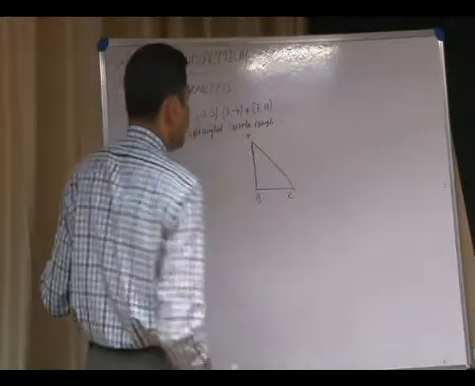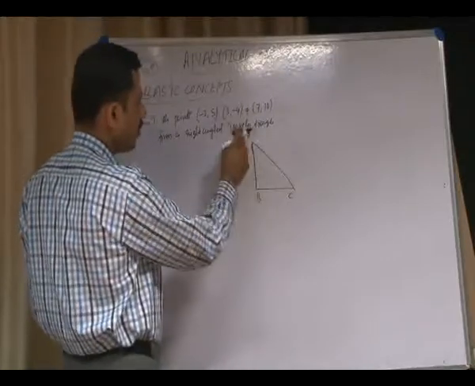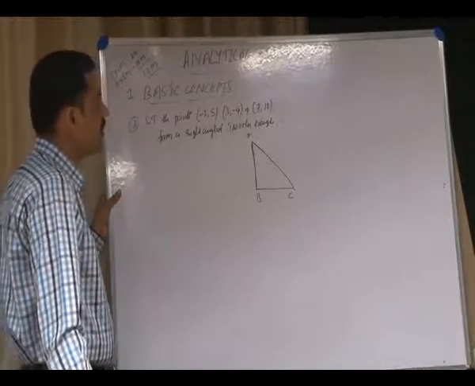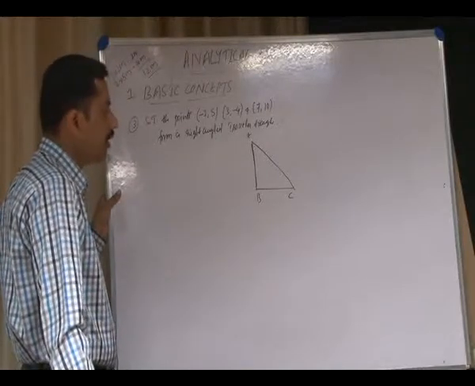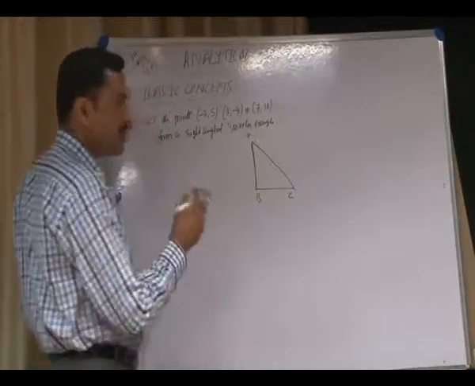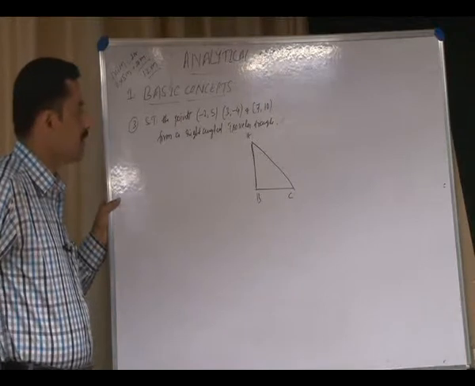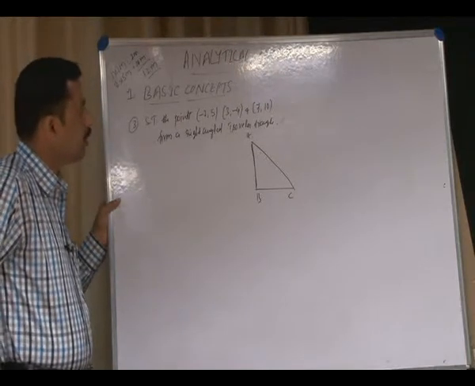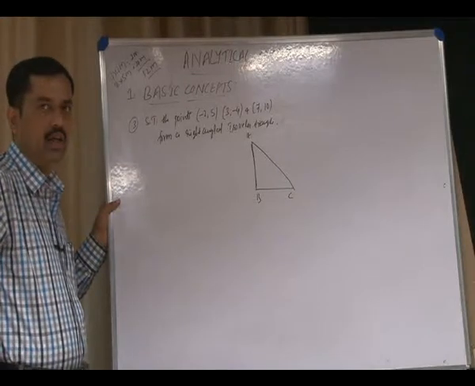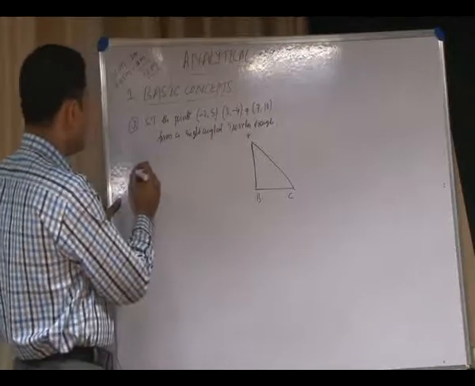If AC square is equal to AB square plus BC square, then that shows that this triangle is a right angle triangle, and for an isosceles triangle you have to prove that any two sides of the triangle are equal. If both conditions are satisfied, then it shows that this triangle is a right angled isosceles triangle.